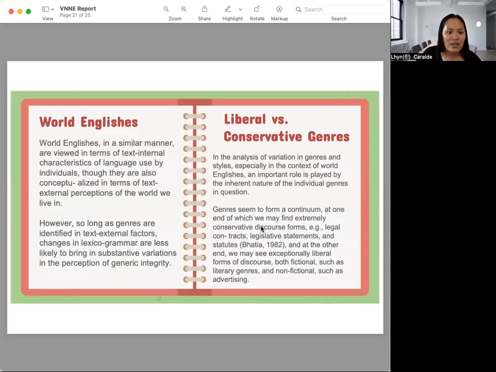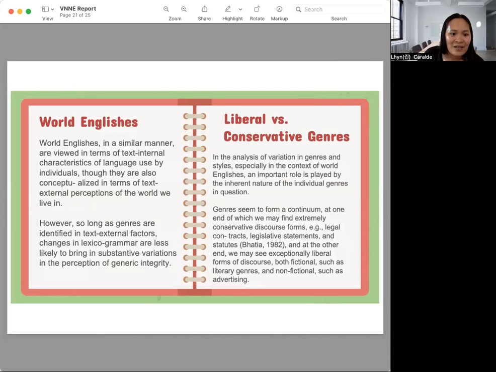World Englishes in a similar manner are viewed in terms of text internal characteristics of language used by individuals, though they are also conceptualized in terms of text external perceptions of the world we live in.